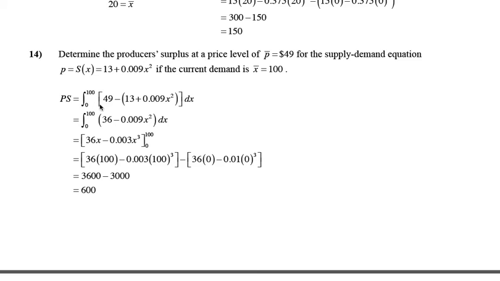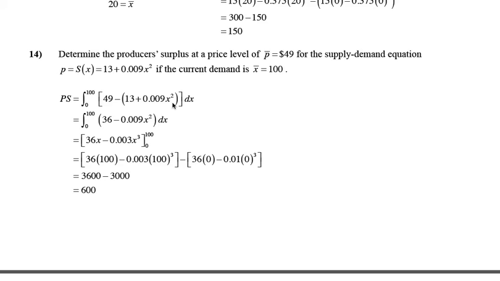Those are the limits, and the integral is the market price, or the equilibrium price, 49, minus the price supply function, whatever that is. In this case, it's given as 13 plus 0.009x squared. And so there it is, 13 plus 0.009x squared.